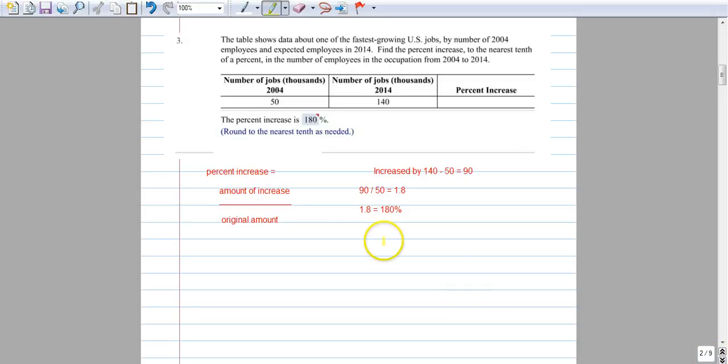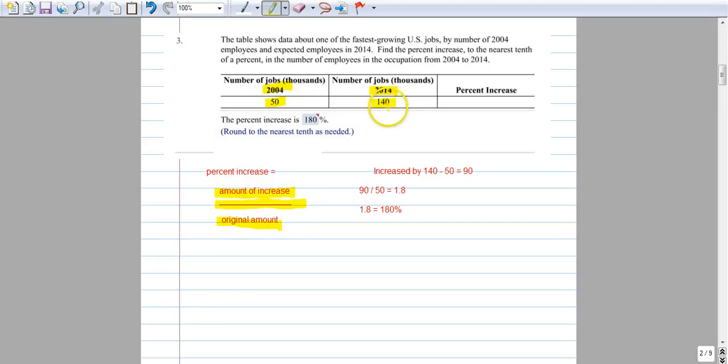Okay, number 3, this table shows data for one of the fastest growing U.S. jobs. Number of jobs in 2004 is 50, and the number of jobs in 2014 is 140. Well, percent increase is equal to the amount of increase divided by the original amount.